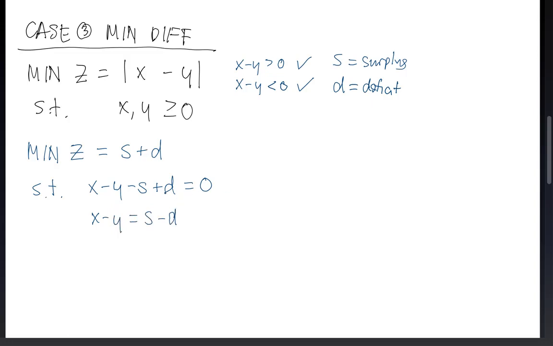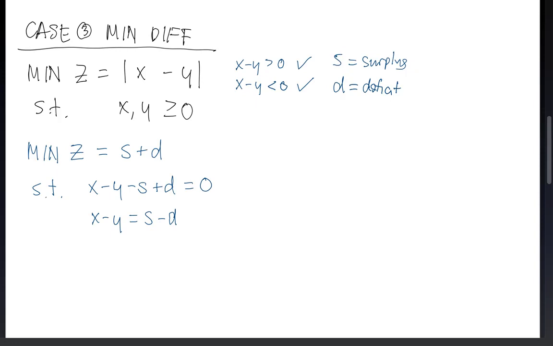It's just that in linear programming, we usually have a convention where all the decision variables are on the left-hand side and all the constants are on the right-hand side. But I think it's easier to explain if we have x minus y equals s minus d. Okay. So what does this mean? S is the surplus.